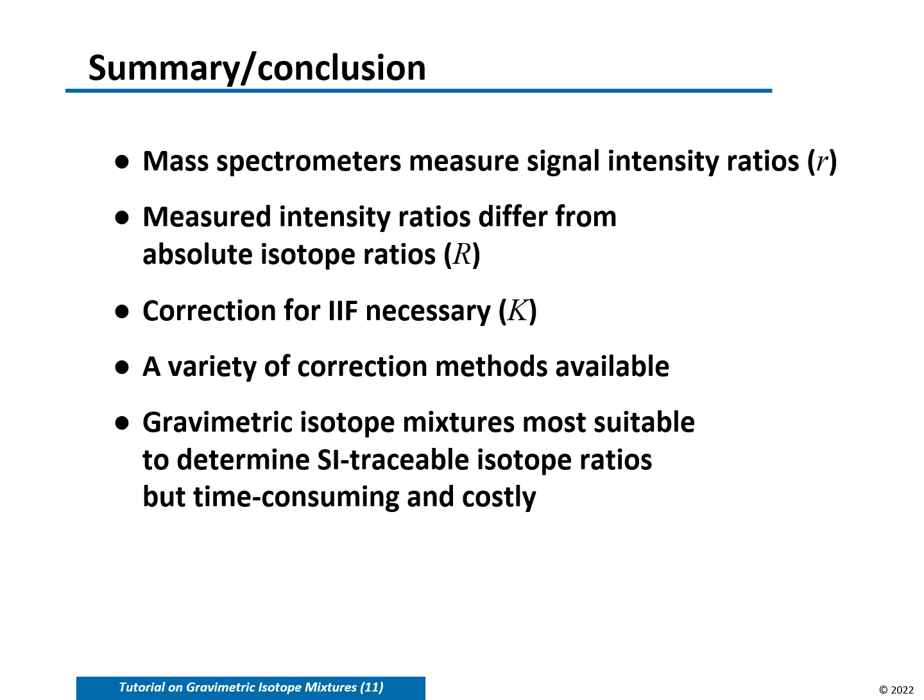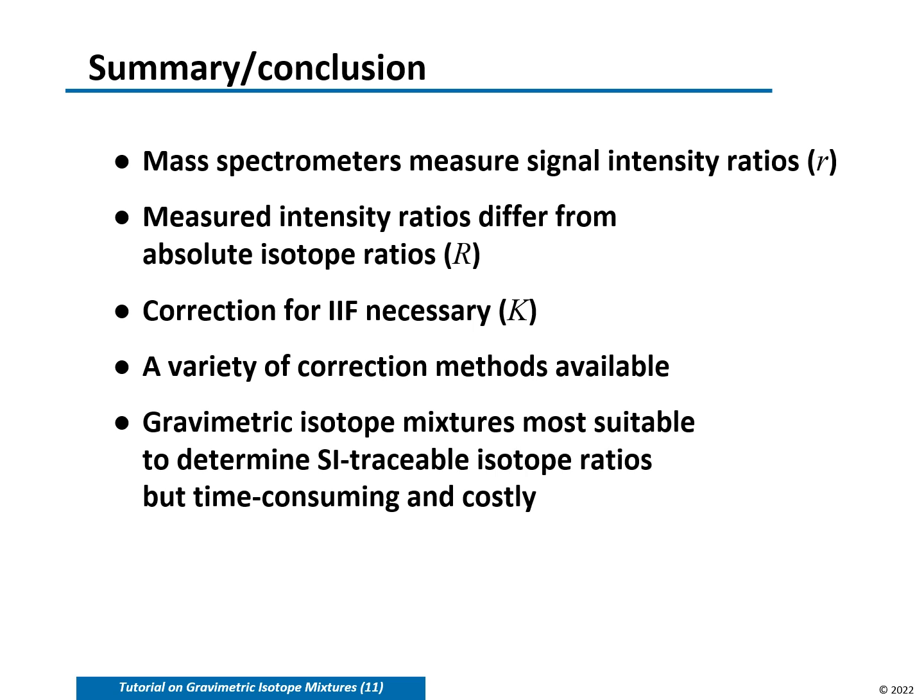Let me summarize. When you want to determine isotope ratios, especially SI traceable ones, you have to be well aware of the fact that mass spectrometers do not measure isotope ratios directly. You have to correct the measured signal intensity ratios for the unavoidable instrumental isotopic fractionation.